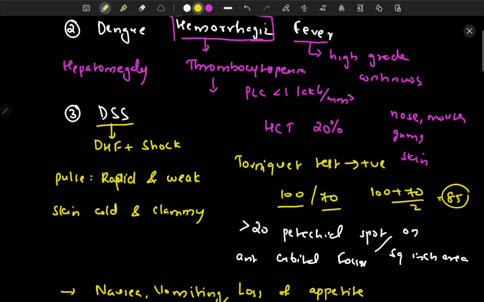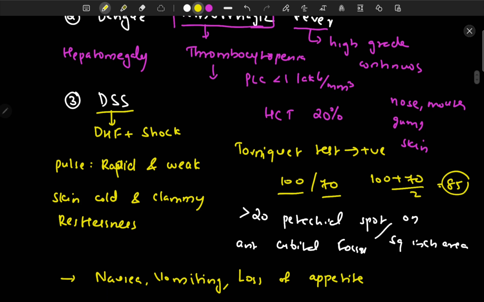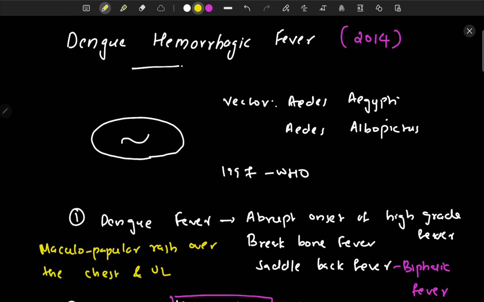Clammy means sweaty skin. There will be restlessness and narrow pulse pressure, that is less than 20 millimeters of mercury, that is hypotension. So this is what is meant by dengue hemorrhagic fever.